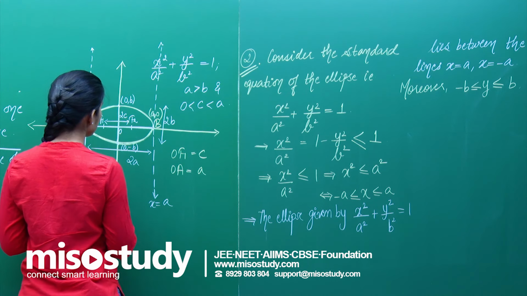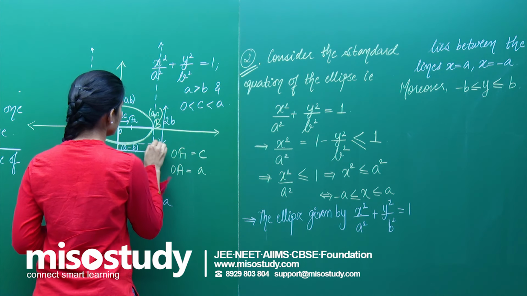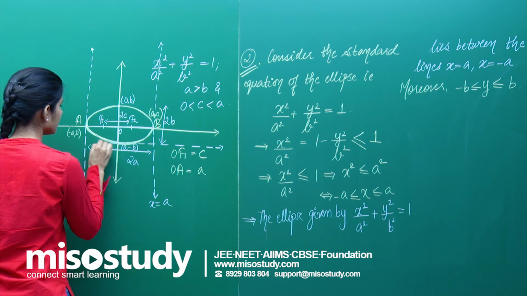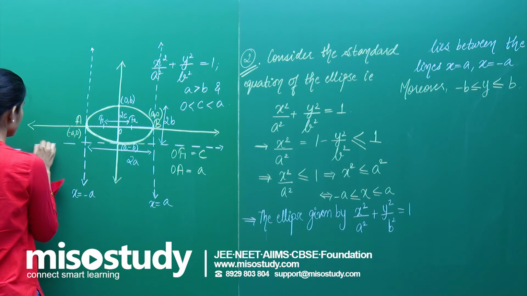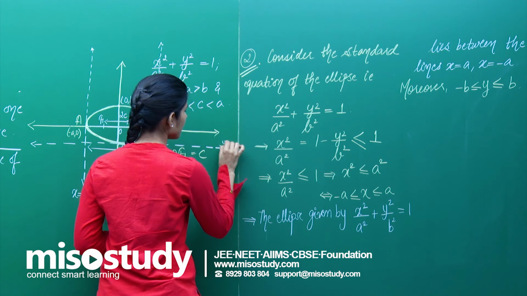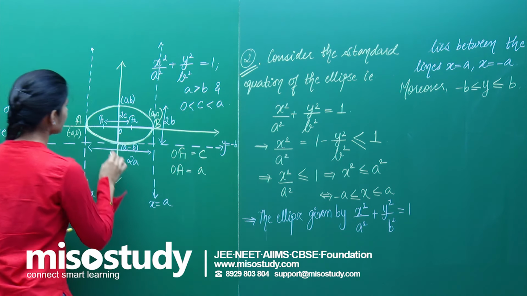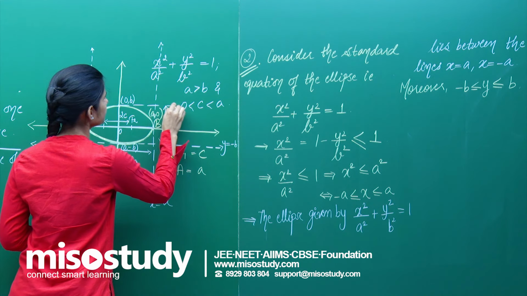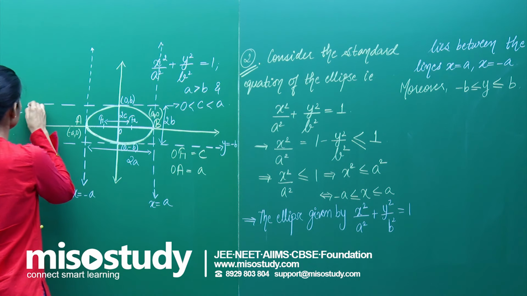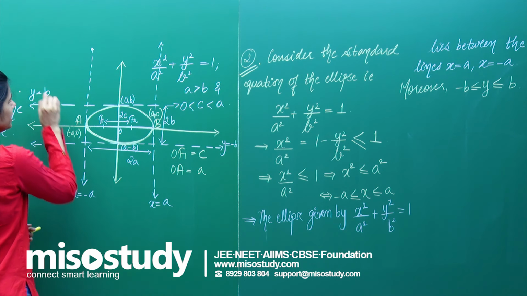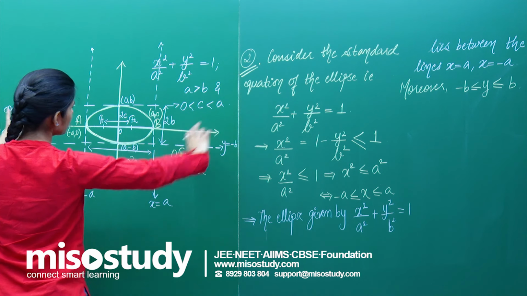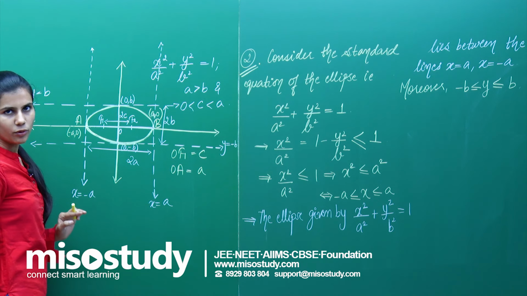So if y coordinate of all the points is coming only from this portion of the y axis, that means if I consider the lines, this line, what is this line? This line is y equals minus b, and I also consider this line, which is y equals b. You can clearly see that the entire ellipse is also lying between these two lines, y equals minus b and y equals b.